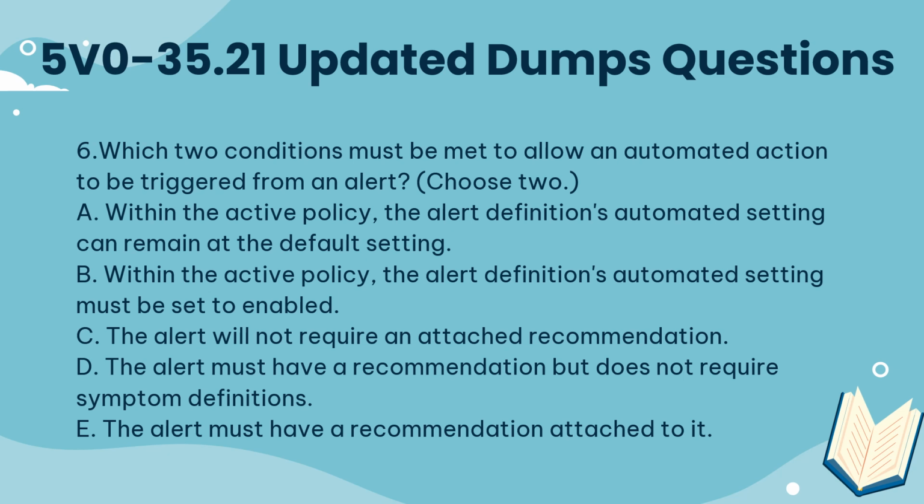B. Within the active policy, the alert definition's automated setting must be set to enabled. C. The alert will not require an attached recommendation. D. The alert must have a recommendation but does not require symptom definitions. E. The alert must have a recommendation attached to it.